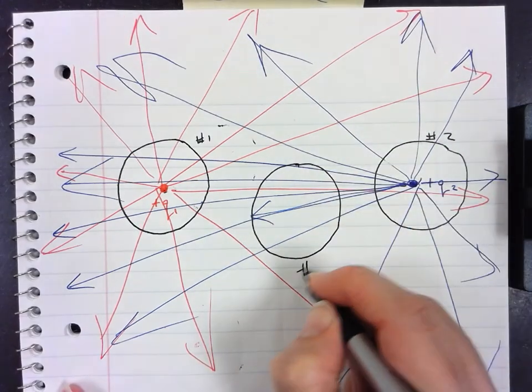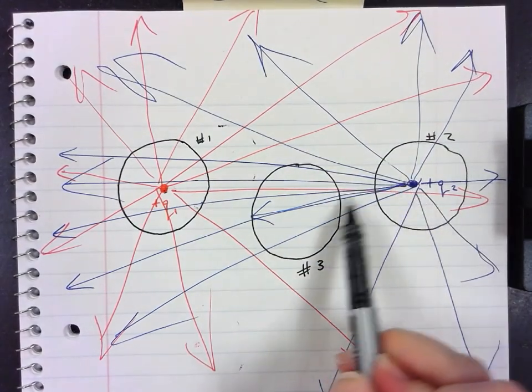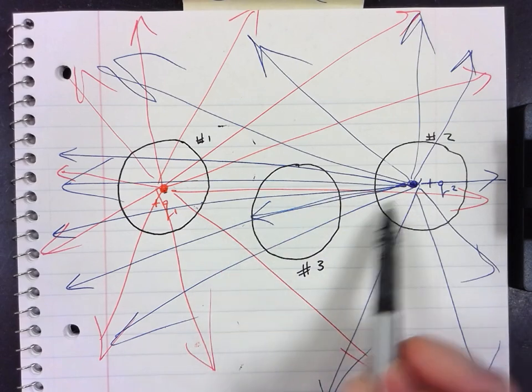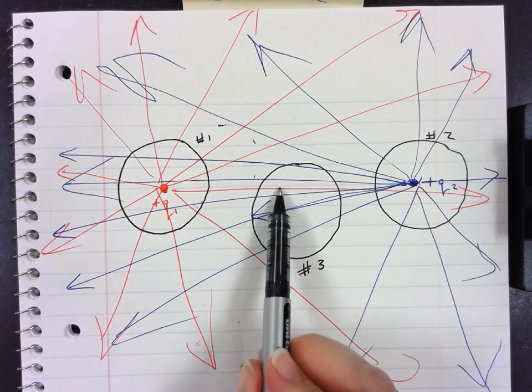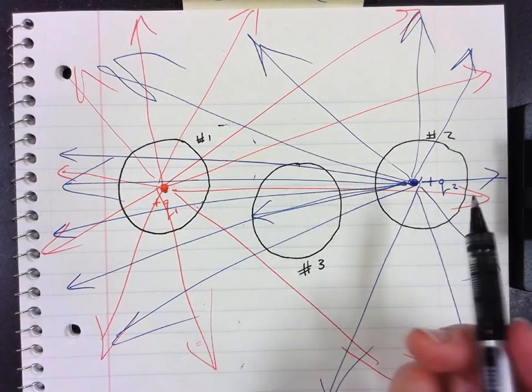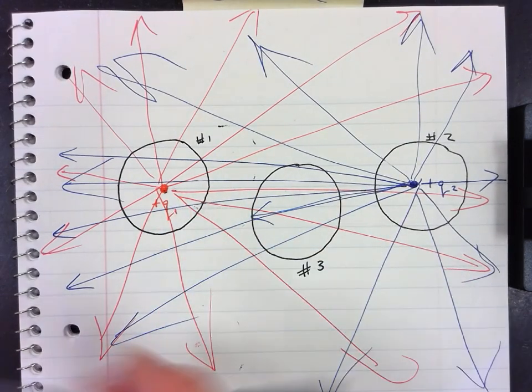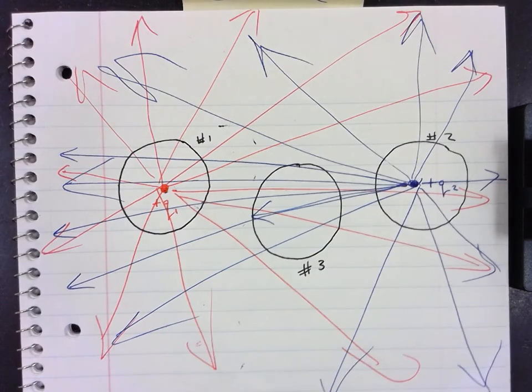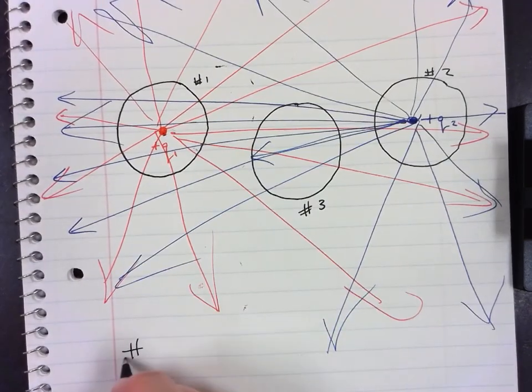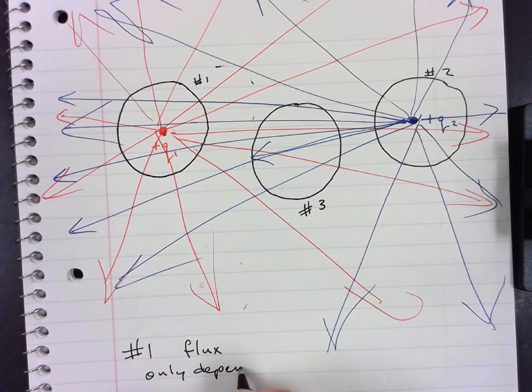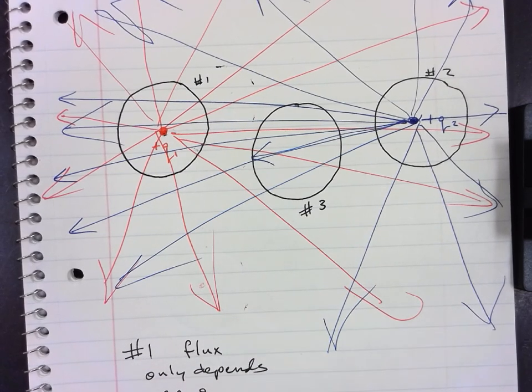And then if I draw one here, number 3, every blue one enters and leaves. Every red one enters and leaves. Okay, there's only one red one. I can add more. Enters and leaves. So in number 1, the flux only depends on Q1.